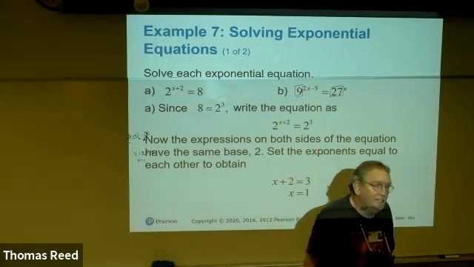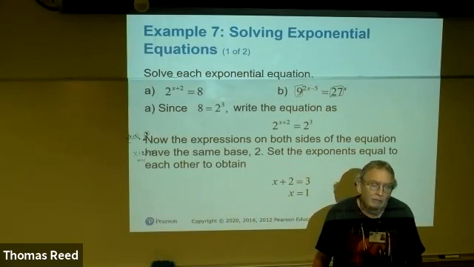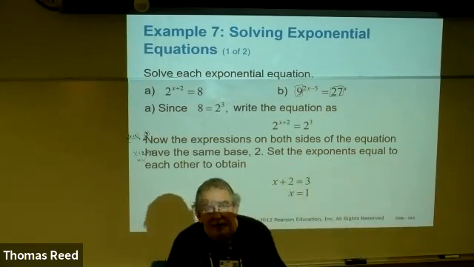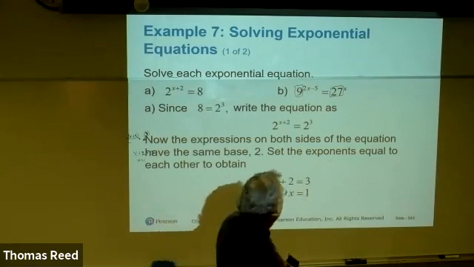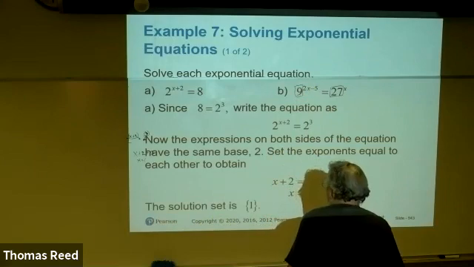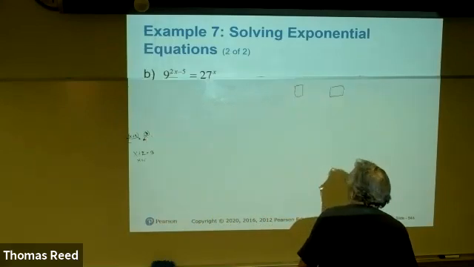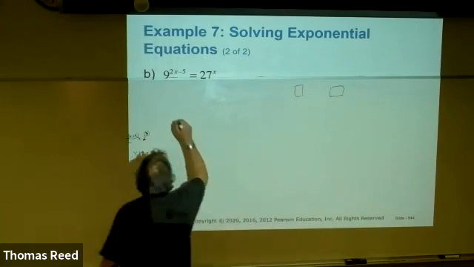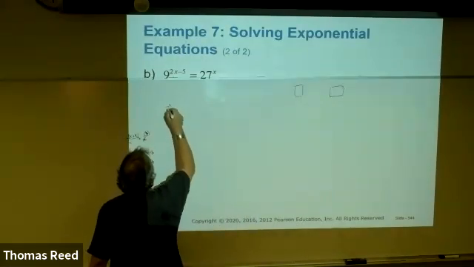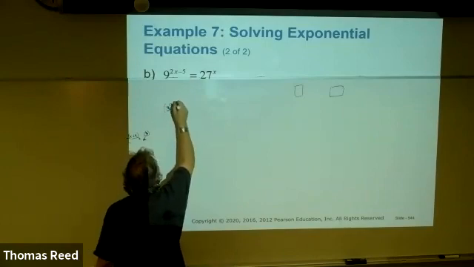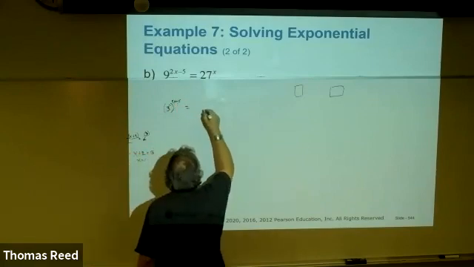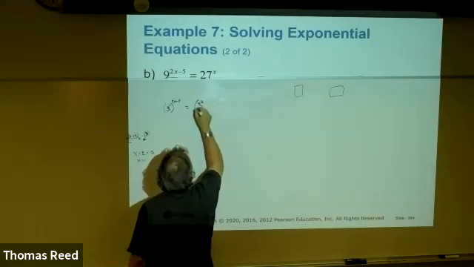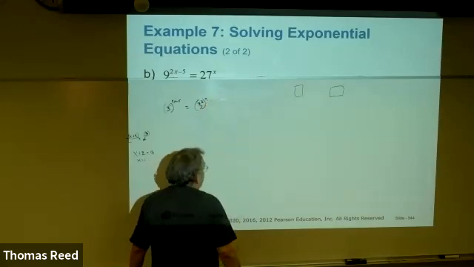Well, I know 9 is 3 squared, and 27 is a perfect cube, 3 cubed. So I can write the 9 as 3 squared, raised to the 2x minus 5. And I can write 27 as 3 cubed, raised to the x.